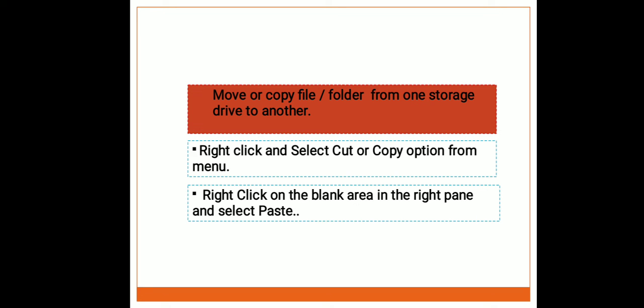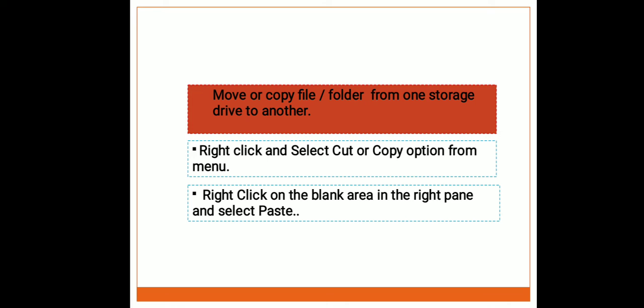Then right click on the highlighted area, and a menu will pop up. Then left click on copy. Then go to the desired location where you want to paste, the particular folder, and press Control plus V to paste, or use right click.